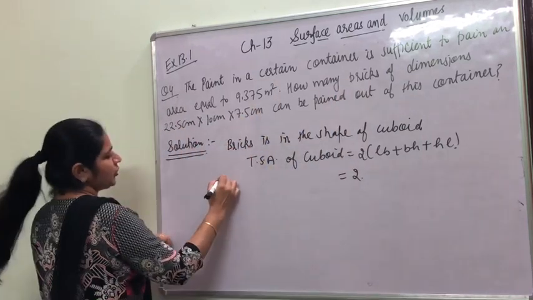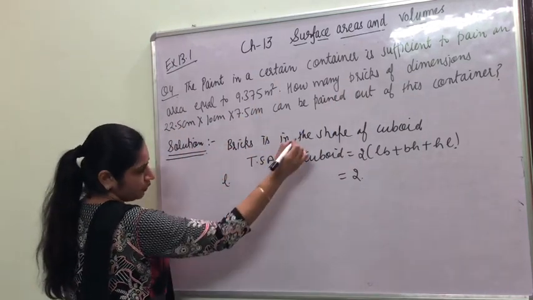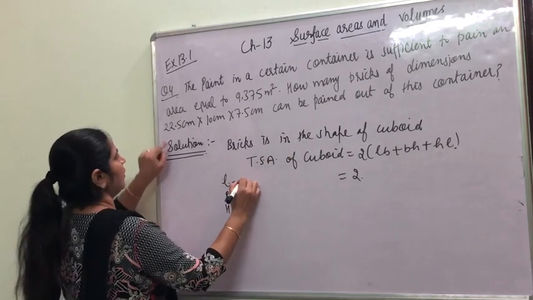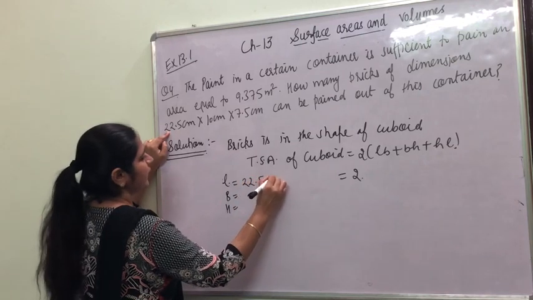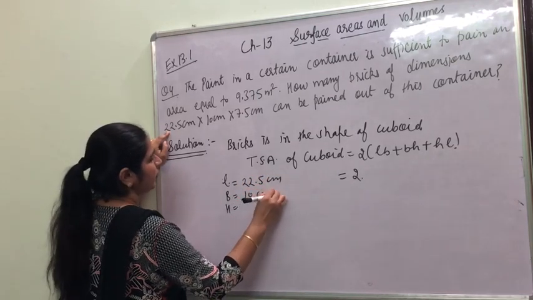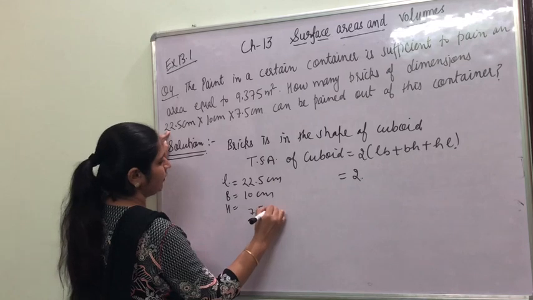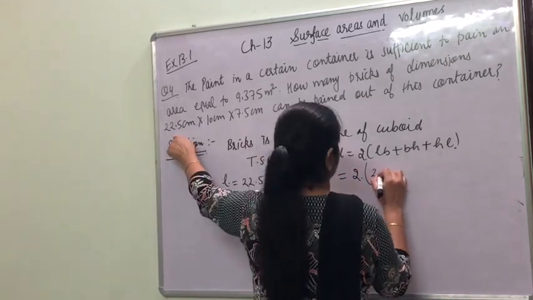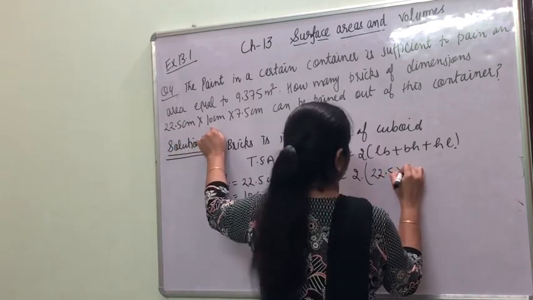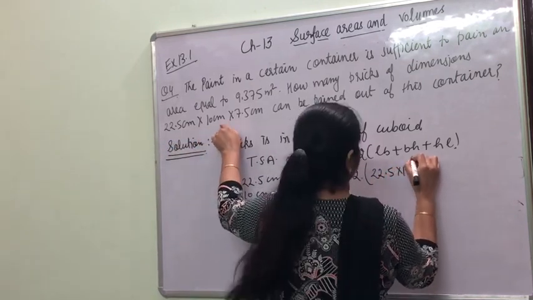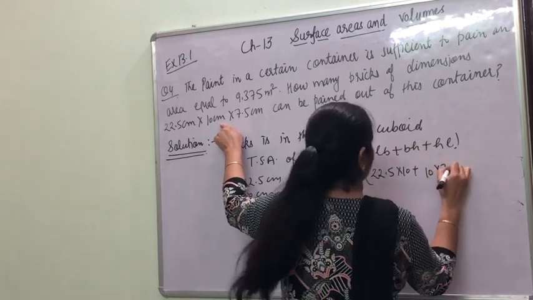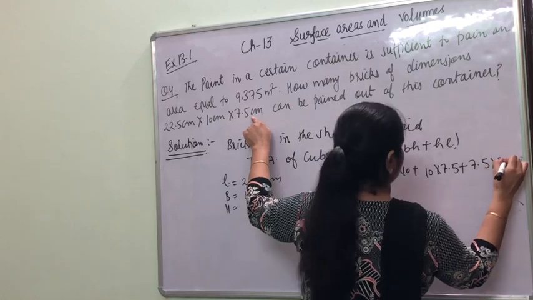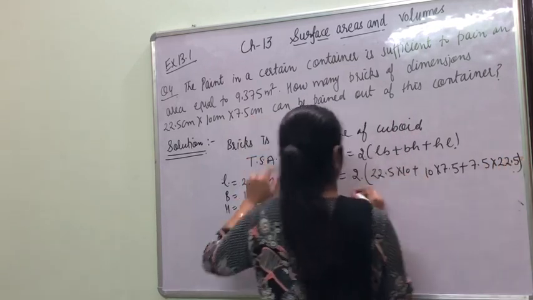Here the dimensions of the cuboid, L, B and H, are 22.5 centimeter, 10 centimeter and 7.5 centimeter. Here I am substituting the values of the given dimensions. 22.5 into 10. Second is BH, 10 into 7.5. HL, which is equal to 7.5 into 22.5.